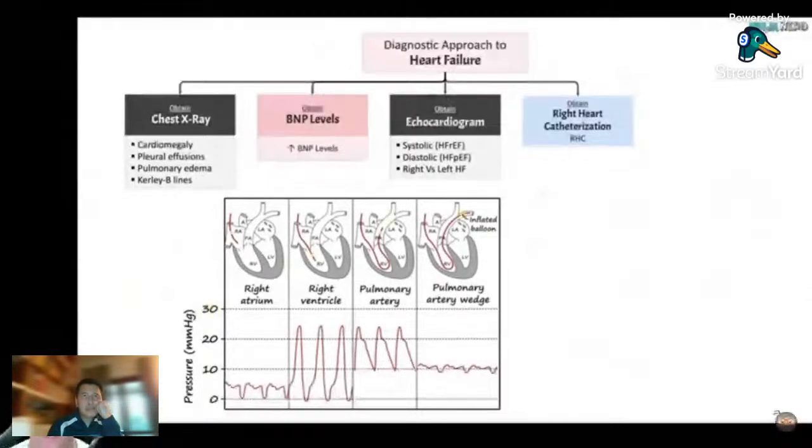Inflate the balloon and measure the pressures. I told you that if the pulmonary capillary wedge pressure is really high, it's very suggestive of failure of the left heart. If it's greater than 18 millimeters of mercury, that's very suggestive of left heart failure. So if a patient has elevated BNP levels, an echo, and a pulmonary capillary wedge pressure greater than 18, in combination with a chest X-ray suggestive of pulmonary edema, I can really be confident in them having left heart failure.